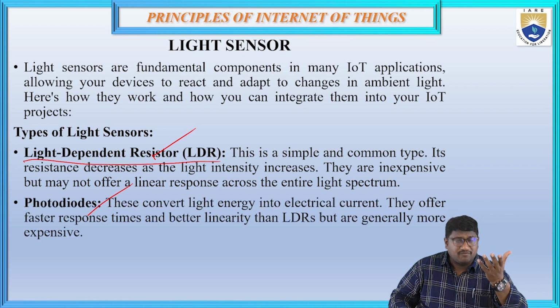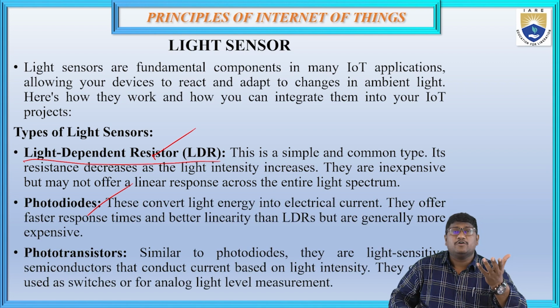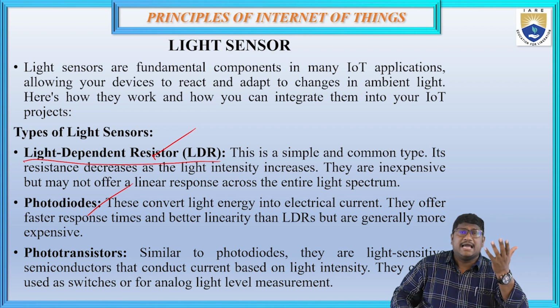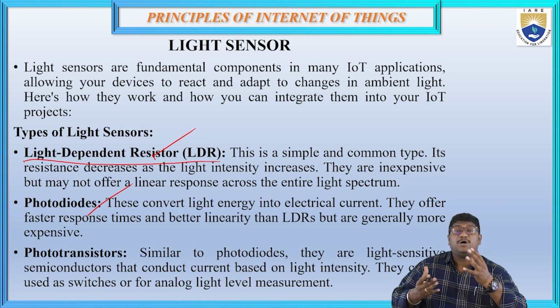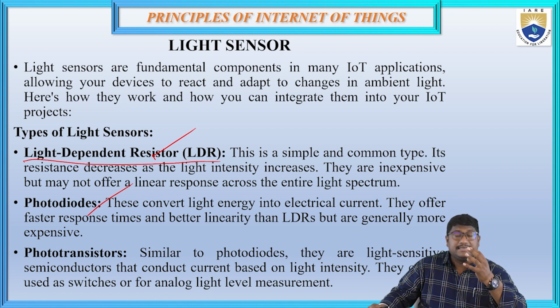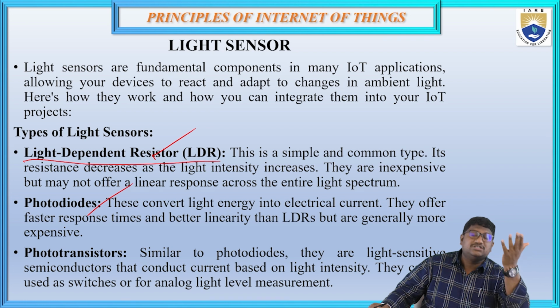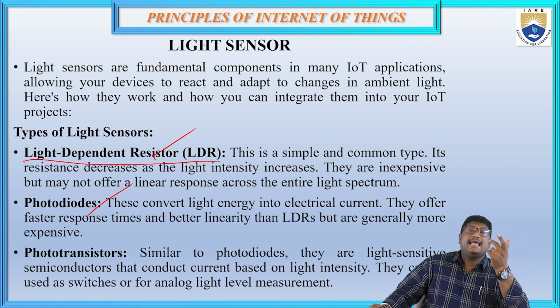Coming to the next one, photodiodes, and then phototransistors. Photodiodes convert light energy into electrical current, which offers a fast response time and better linearity compared to LDRs, but are generally more expensive.